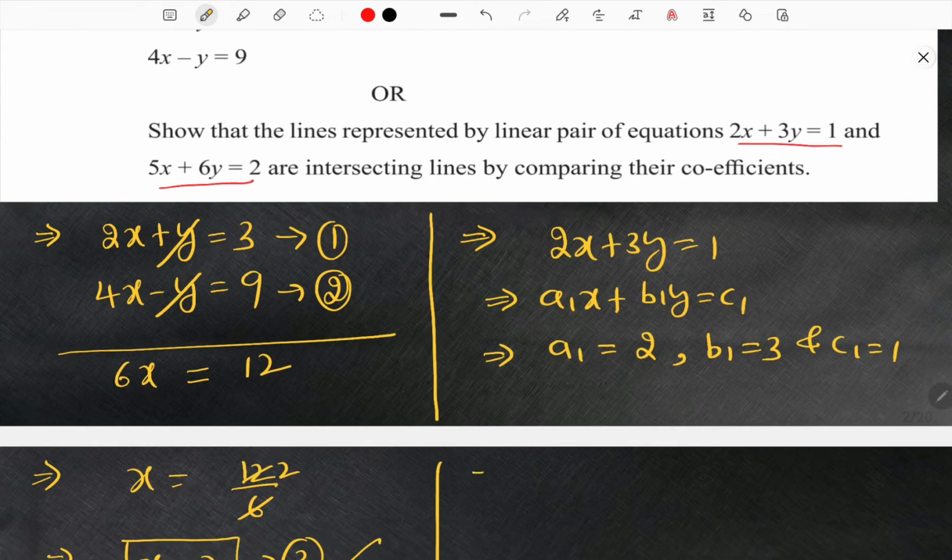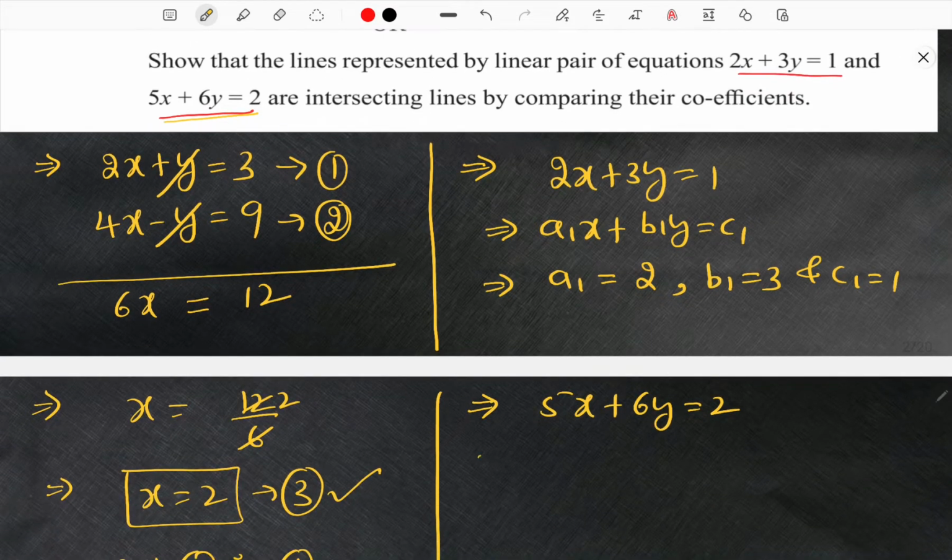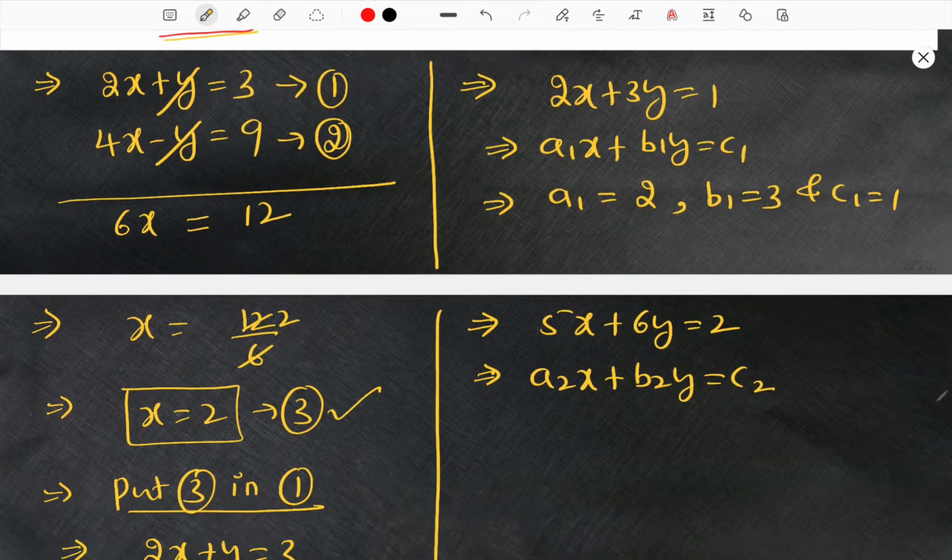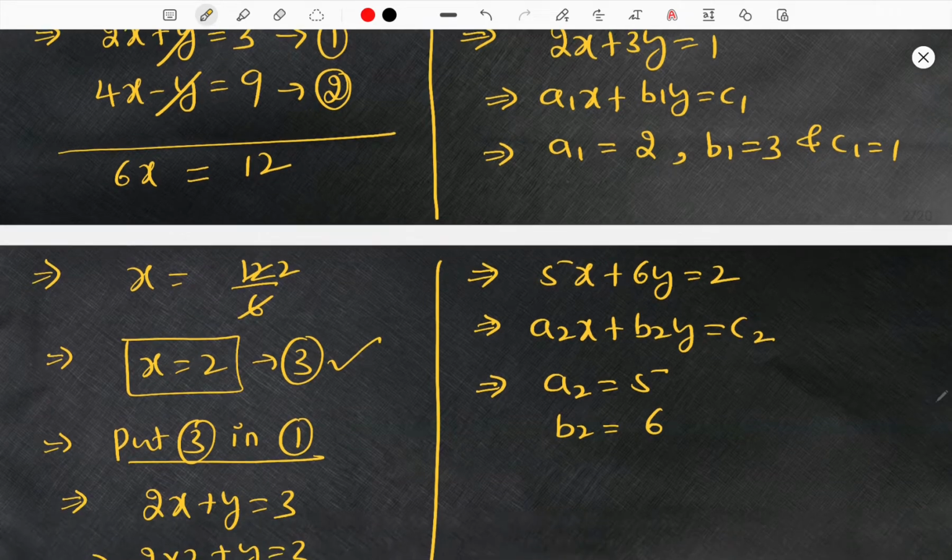Then we have another equation, 5x plus 6y is equal to 2. Let us compare it with a2x plus b2y is equal to c2. Then a2 is equal to 5, b2 is equal to 6 and c2 is equal to 2.